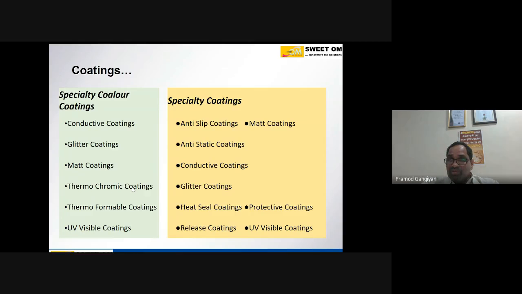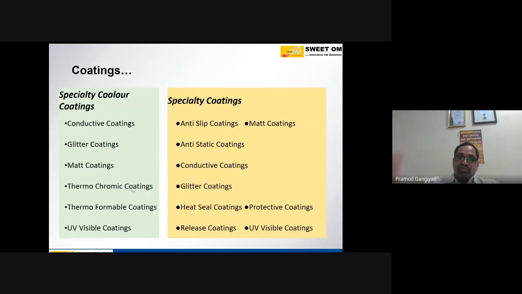If something goes wrong, if you withdraw one bag, then what will happen? The 20 bags on the top will automatically collapse. So there are coatings available on such bags, like rice bags or cement bags, so that those bags will not slip in the store at the time of stacking, right? So this is again a big industry.